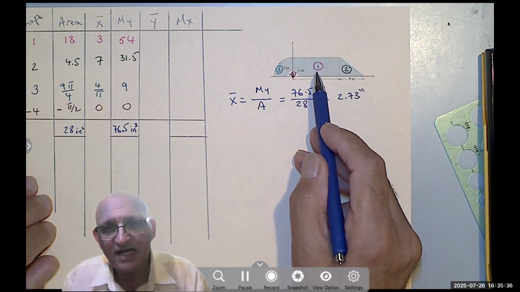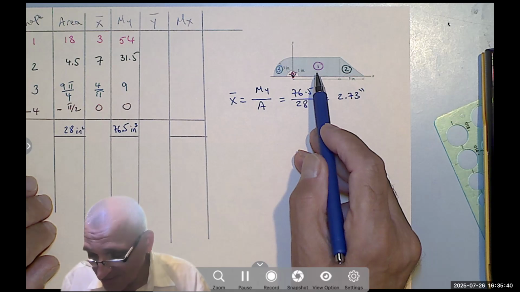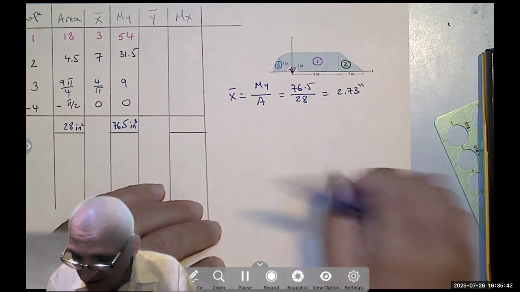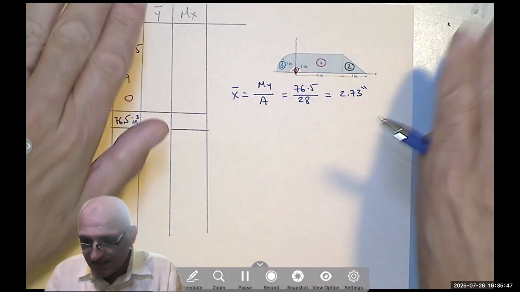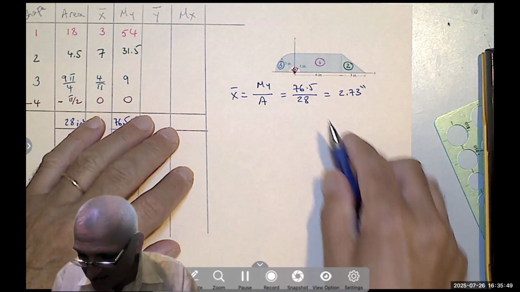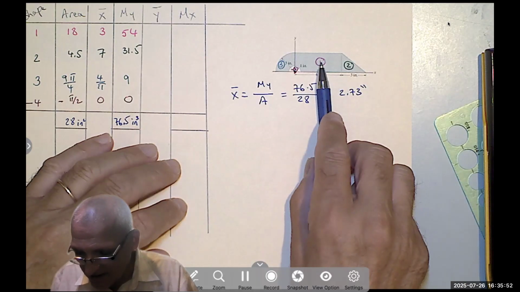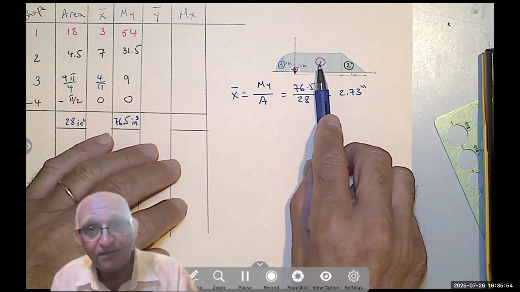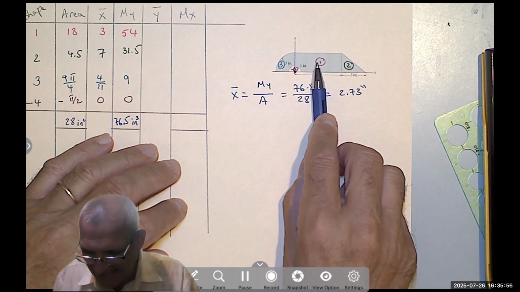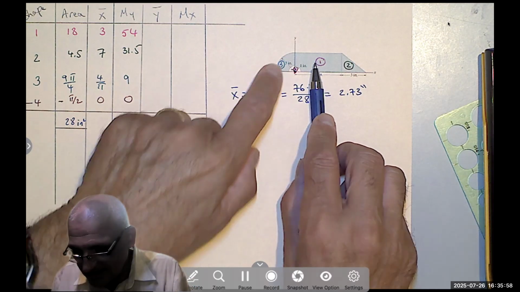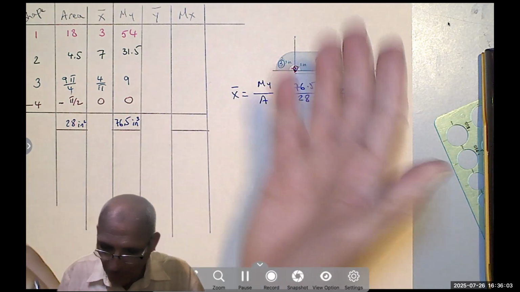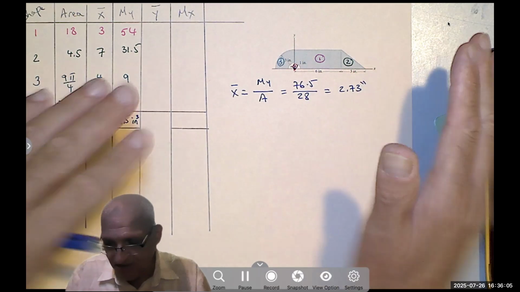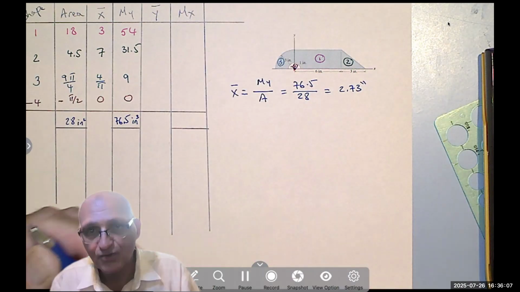Why slightly to the left? Well, it seems like if these two things were producing the same rotation about the y-axis, then they would cancel each other and I would have gotten 3. But since I get slightly less than 3, this thing is producing more rotation about the y than that, so it's shifting it a little bit to the left.